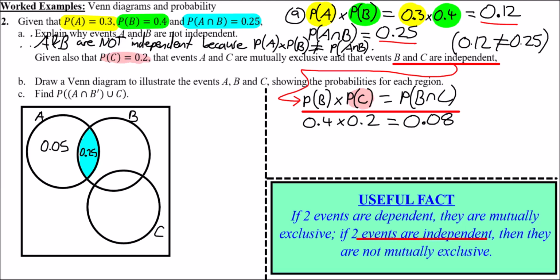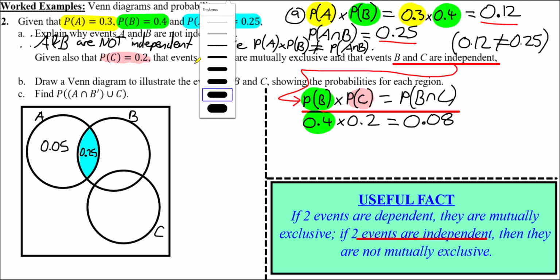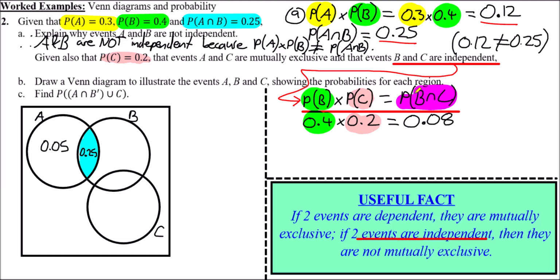So probability of B we've used, we knew that was 0.4 from here. So 0.4 times 0.2 gives us 0.08. So we've basically worked out the region where B overlaps with C must therefore be 0.08.